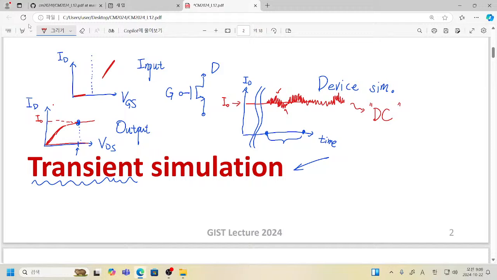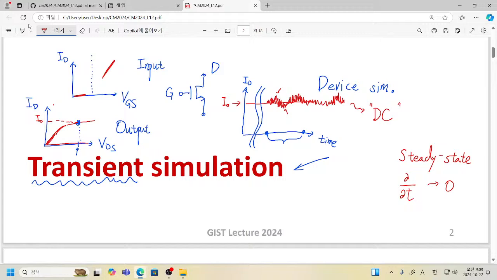So in many cases, we assume that our device is placed at steady state condition. It means that all time dependencies go to 0, so we can just solve instantaneous equations at a certain point. So that was the situation in the device simulation.